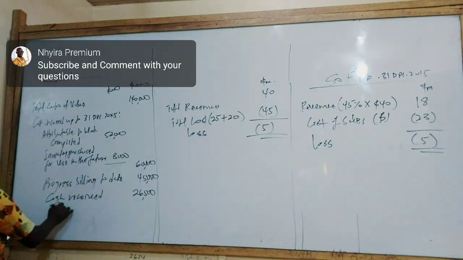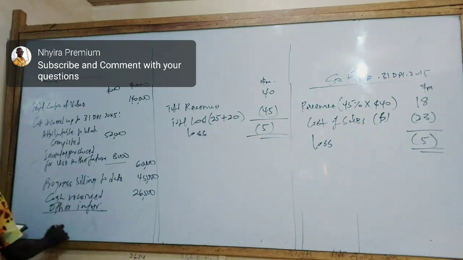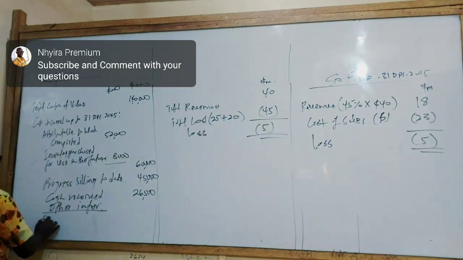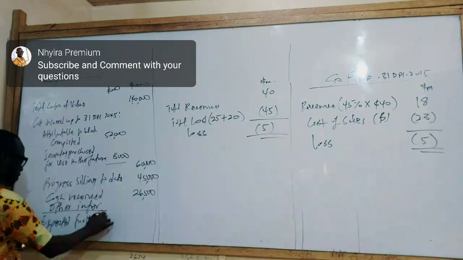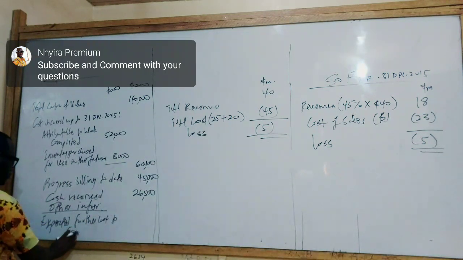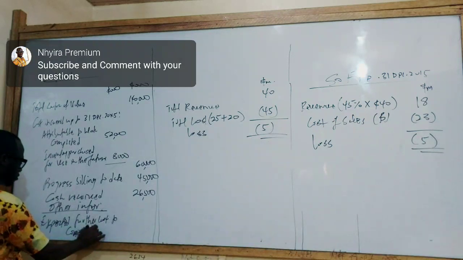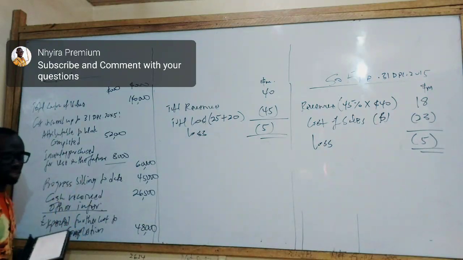Then we have other information, and the other information is expected further cost to completion. Expected further cost to completion, and that is 48,000.